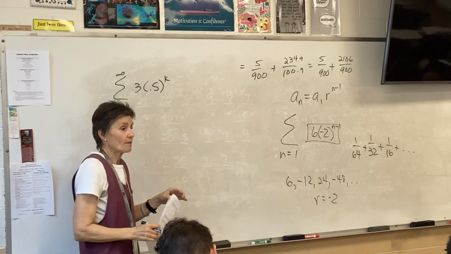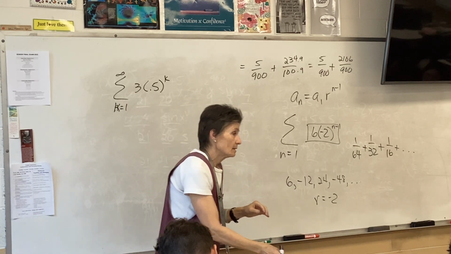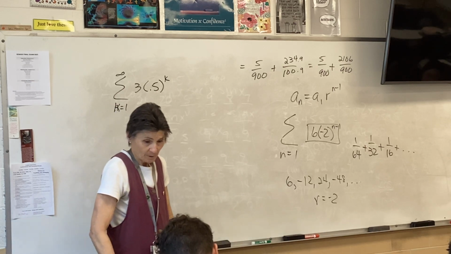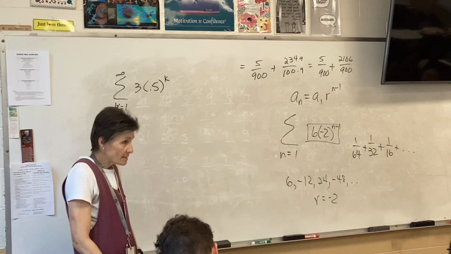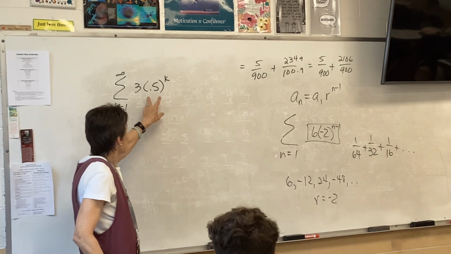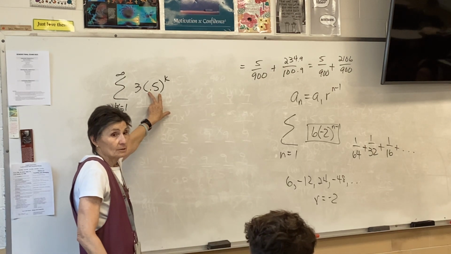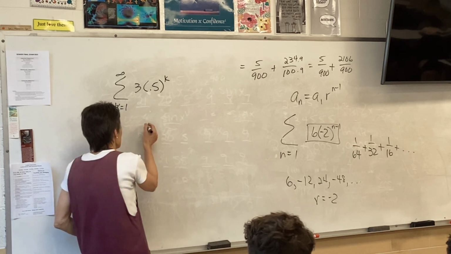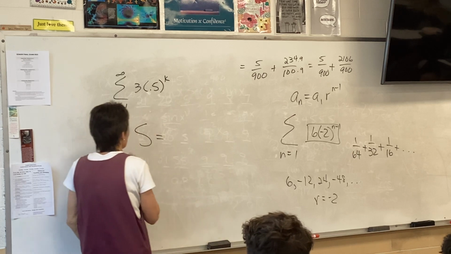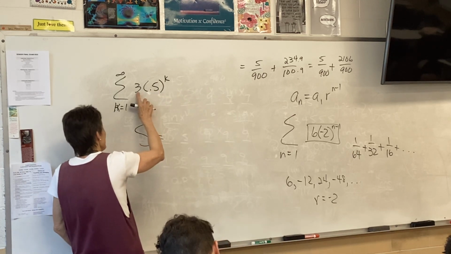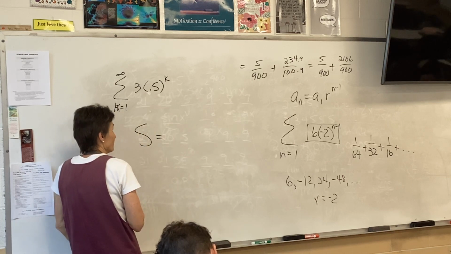So the first thing I've got to think about is, can I do it? Can this be added? And the answer is yes, because what is happening to these terms? See that guy right there? Just going to keep getting smaller and smaller, so it's definitely addable. So my formula says I need the first term. That's easy. Just plug in 1. What is 3 times 1/2?